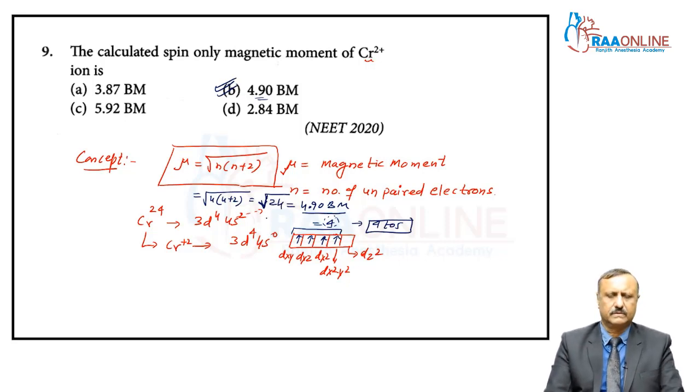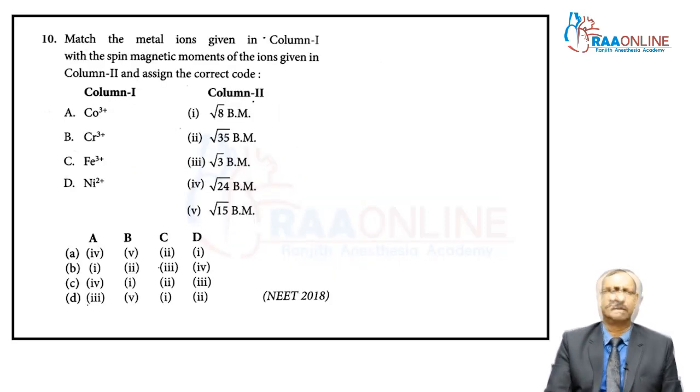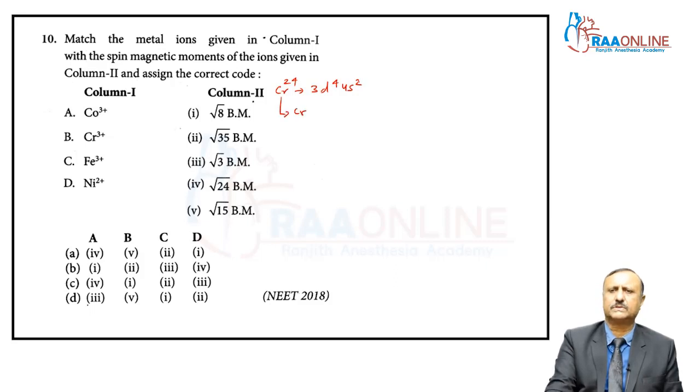So my dear students, we go to question number 10. Here the same concept is applied as in earlier questions. First of all, write the electronic configuration, and after that see the number of unpaired electrons. When we see chromium, atomic number 24, the electronic configuration is 3d4 4s2. When 3 electrons are removed, 2 from s and 1 from d, you get 3d3 4s0.